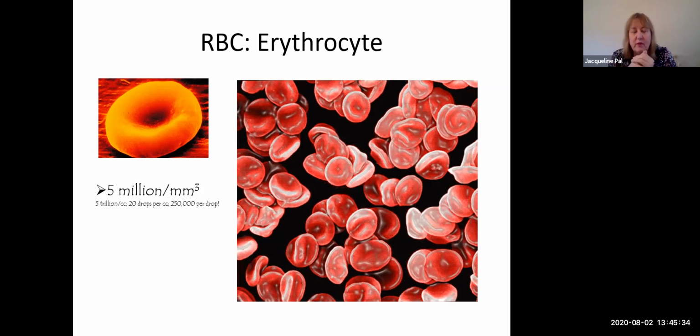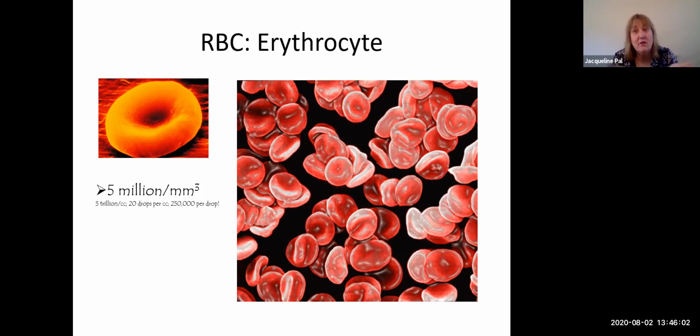If you need to, pull up a ruler and look at what a millimeter is. So a cubic millimeter, they're the same thing, and that's what this mm to the power of 3 means. In that amount of space in your blood, there are 5 million erythrocytes.